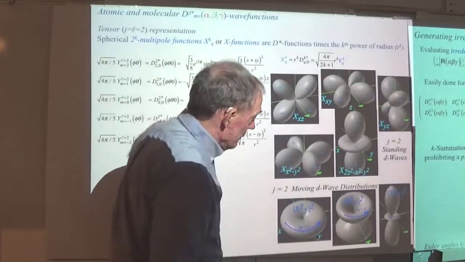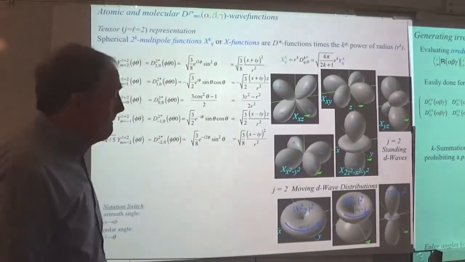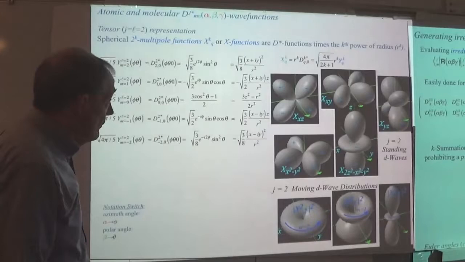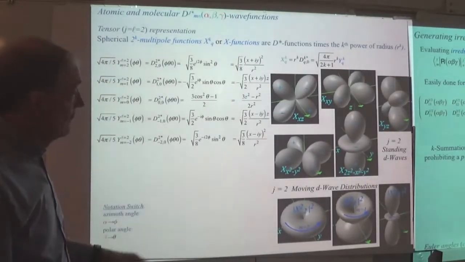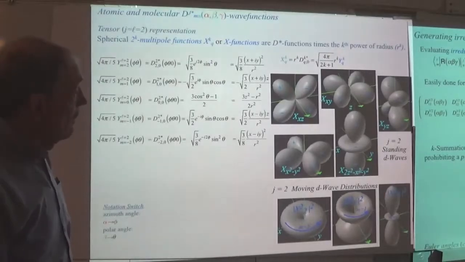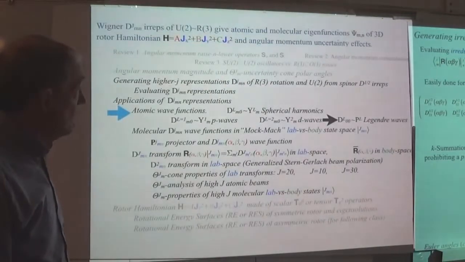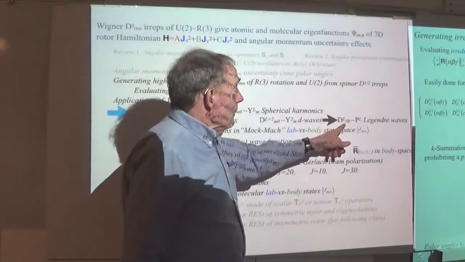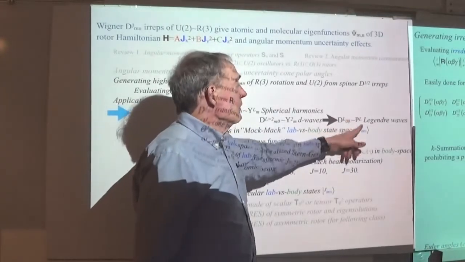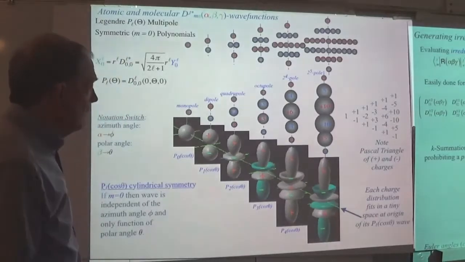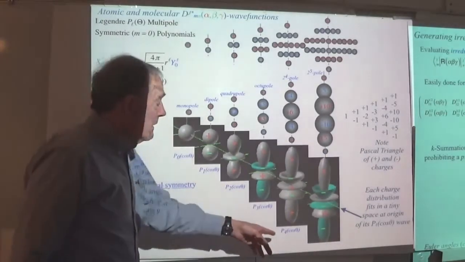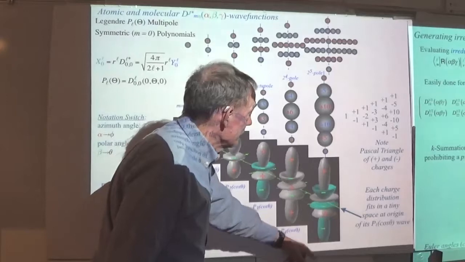They're in a very flat one compared to the angular momentum 1. So those are a couple of things that are neat to mention about these harmonics that are coming out of our D function. Now, always at the center of the matrix, you've got a Legendre wave. And here they all are up to about 4 or 5. Well, 4 right here. And then this one actually is 5.